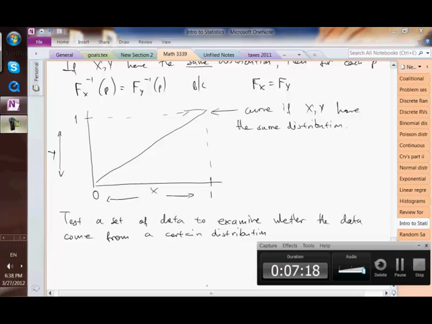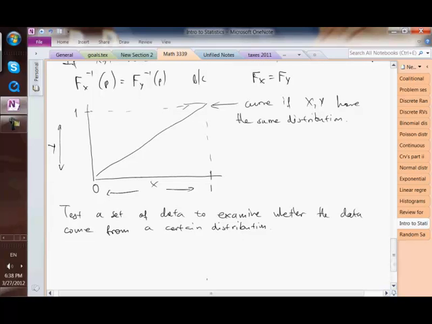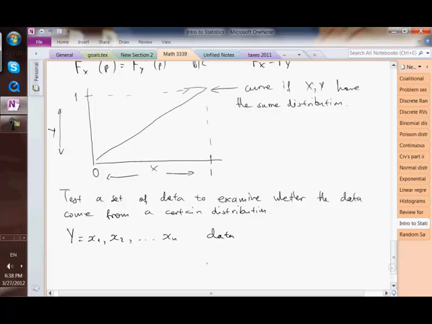So the data points y1 through yn take the values which have been determined by the data. X is the prototype. For example, it can be the normal, it can be the gamma, it can be several things.